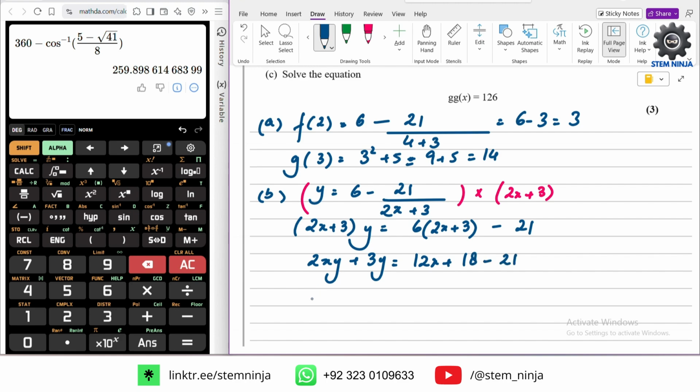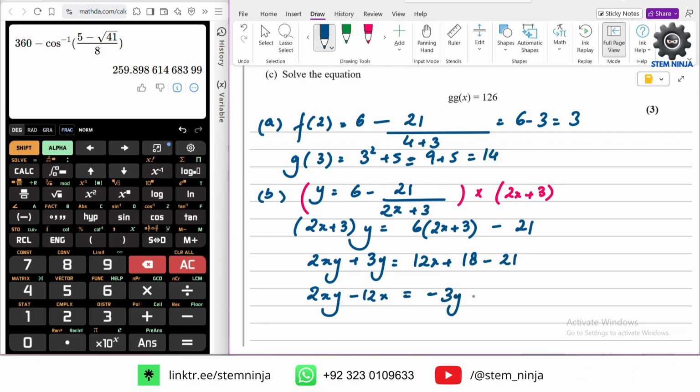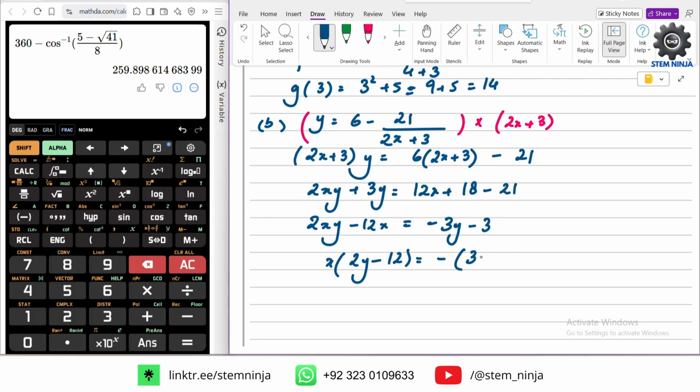All the x terms on one side: 2xy minus 12x equals 18 minus 21, which is minus 3. Now x times 2y minus 12 equals minus 3y plus 3.